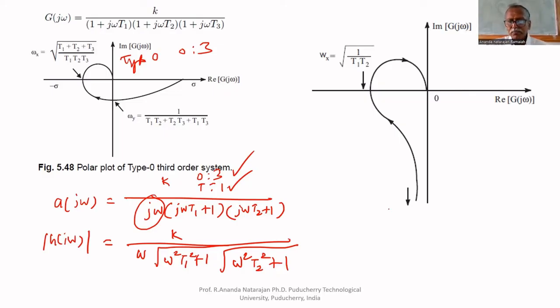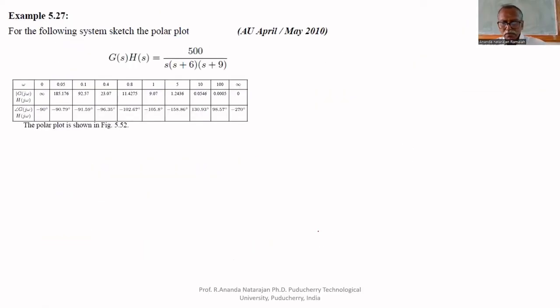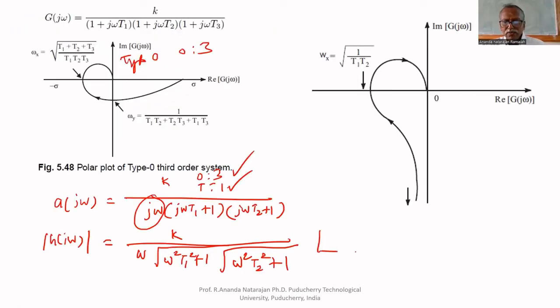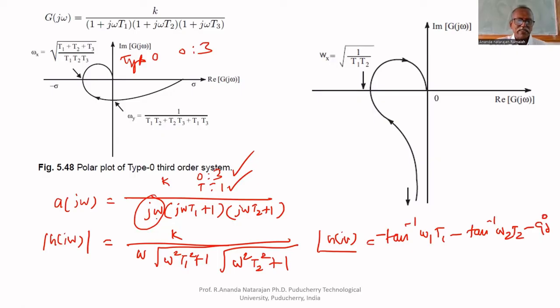Angle of G of j omega equals minus tan inverse of omega T1, minus tan inverse of omega T2, minus 90 degrees. For j omega it is minus 90, because the real part is 0 and it is tan inverse of imaginary part divided by real part, which is infinity. So minus 90.